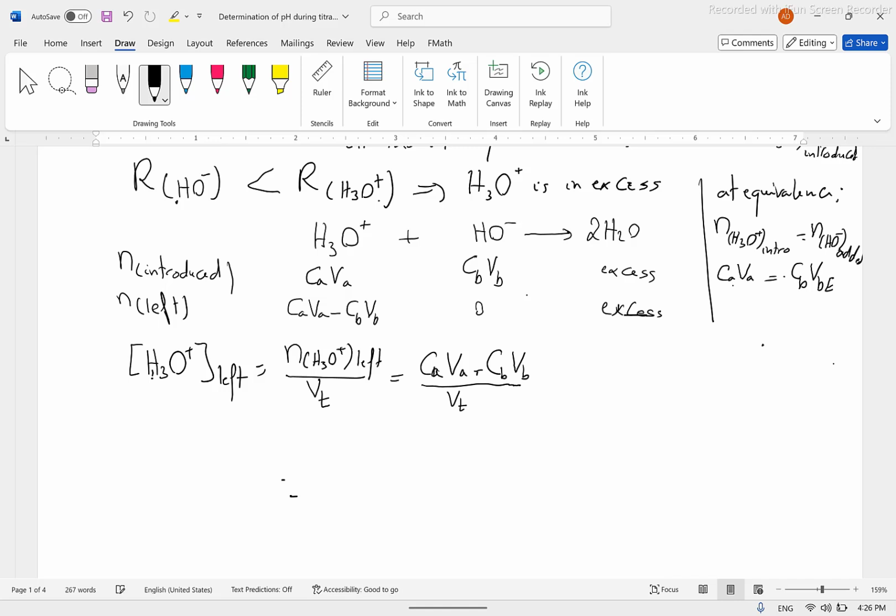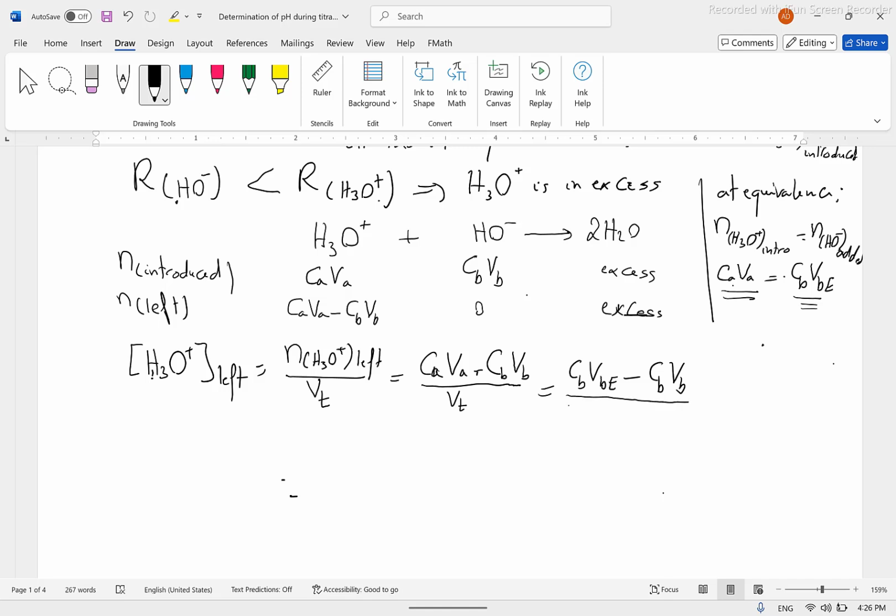Therefore, we can replace CaVa by CbVbe. Then the relation becomes CbVbe minus CbVb over V total.